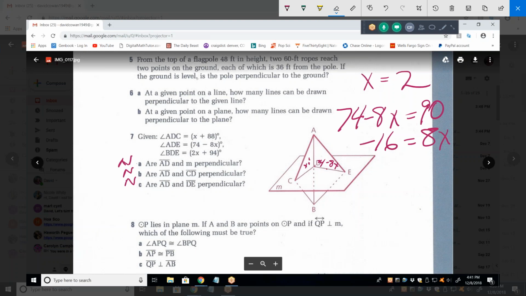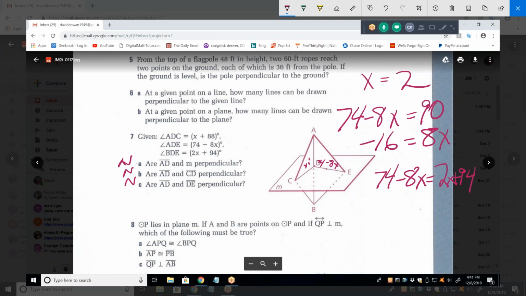In other words, if AB was a straight line, then I think we could say things like 74 minus 8x would have to be equal to 2x plus 94. But only if we knew that AB was a straight line, and we don't.